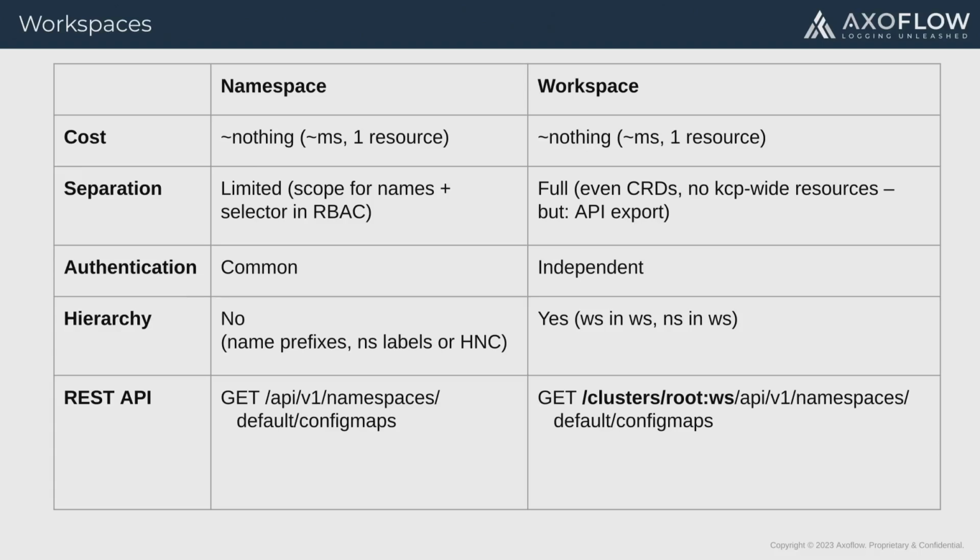The most important part is that workspaces are cheap, so you can create them just like a namespace, single API call, single Kubernetes resource, and it's there, so you don't have to spin up clusters or something that would make you try to cut the number of those.